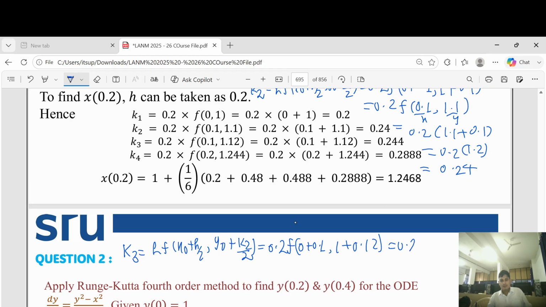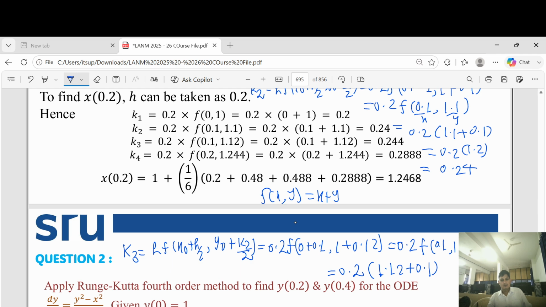So this is 0.2 times f of 0.1 comma 1.12, because f of x comma y is x plus y.